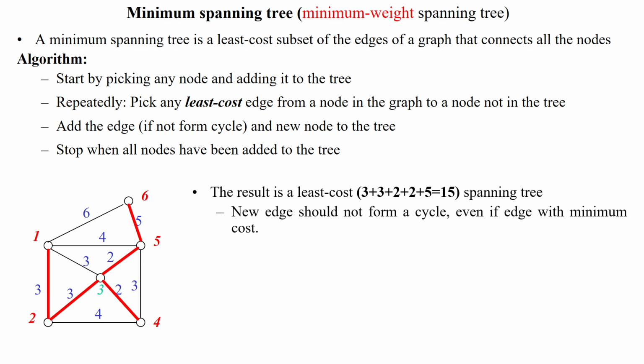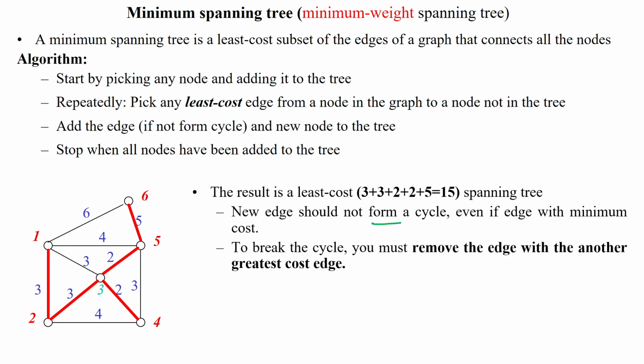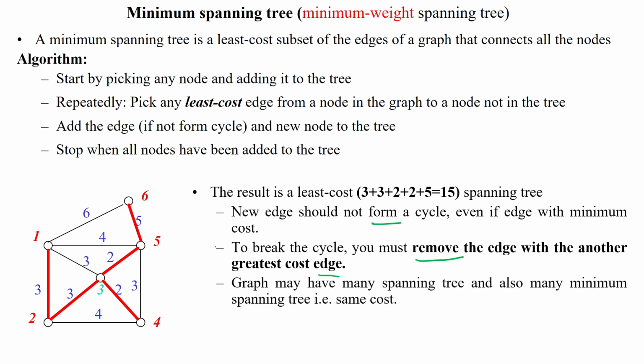Whenever a new edge is connected, it should not form a cycle. That is the important property of a spanning tree. To break a cycle, you must remove the edge with the greatest cost, right? That means we always select the edge with minimum cost. A graph can have many possible spanning trees, and also minimum spanning trees. Two spanning trees may have the same cost, that is also possible.